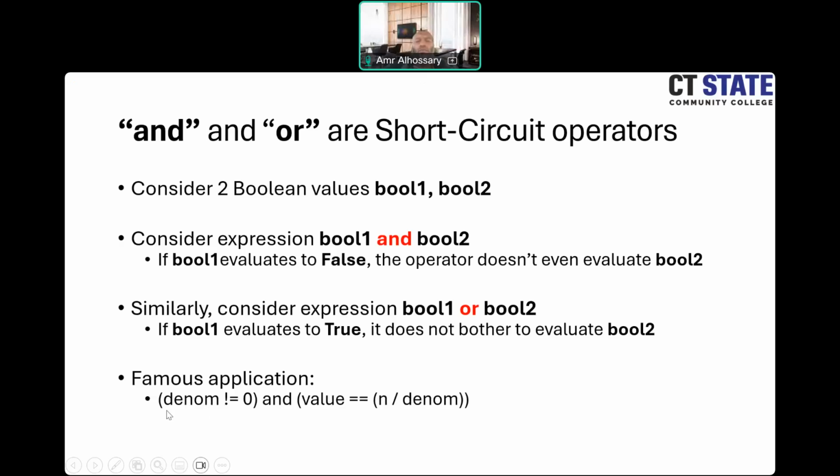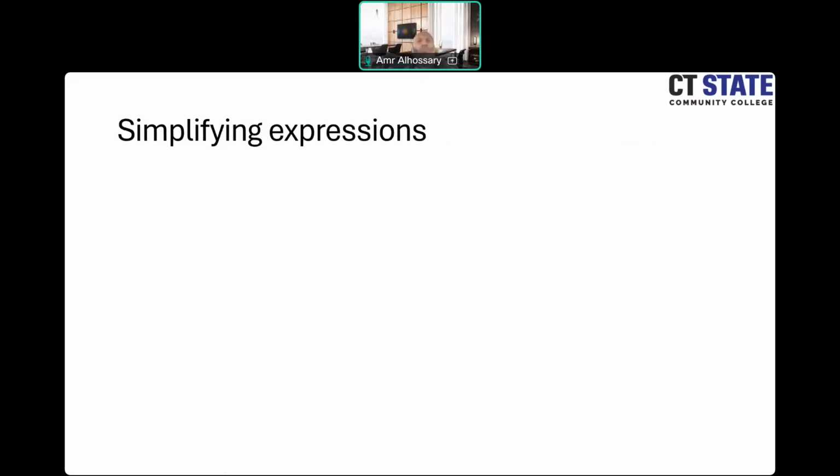So if the denominator is zero, in this case, the other side we know will not be evaluated at all. That will prevent us from falling into exceptions and other problems.